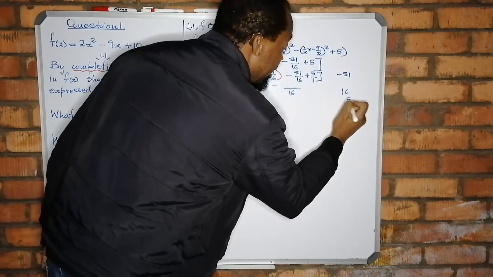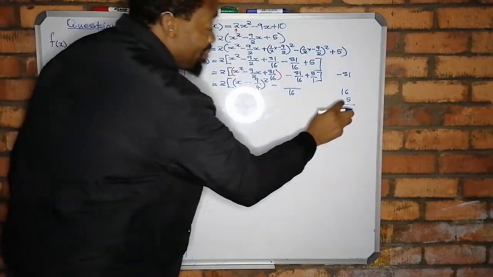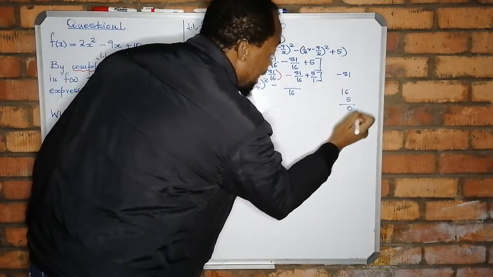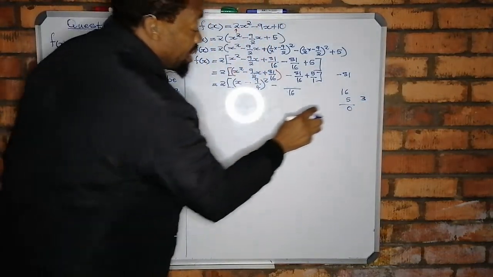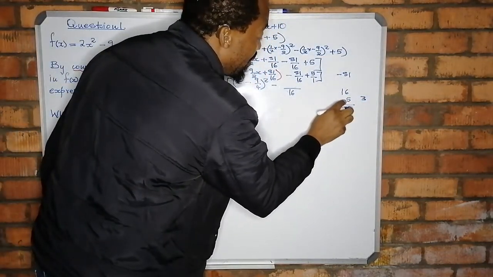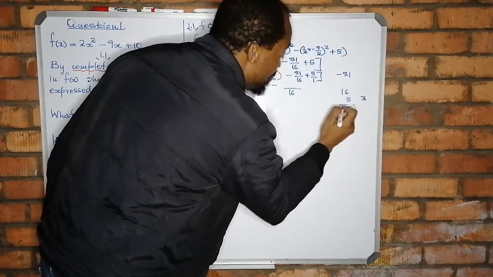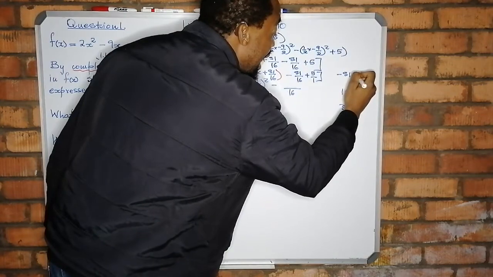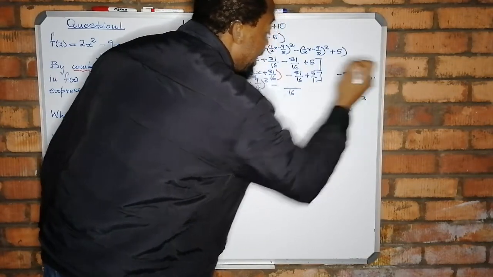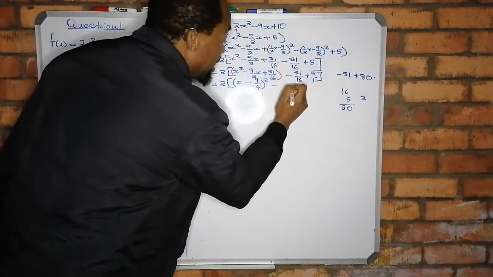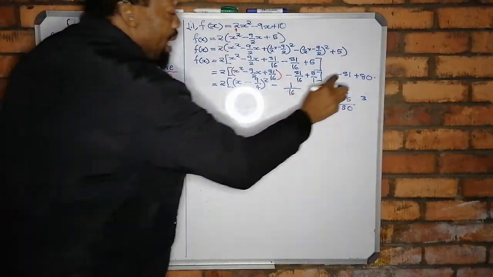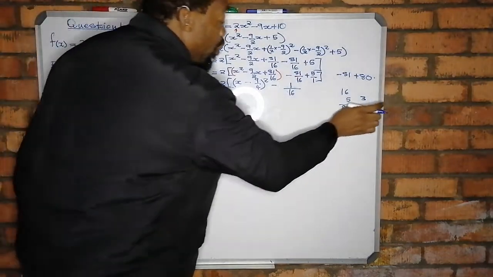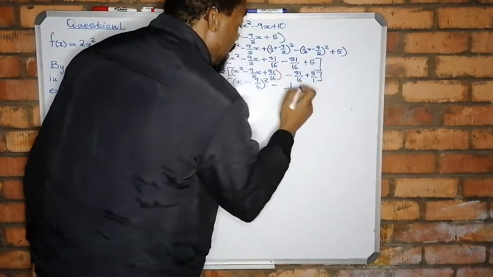Let's do it there. 16 multiplied by 5. 6 fives gives us 30. Let's put a 3 there. Then 5 ones are 5 plus that. It's an 80. Remember, we still have that 81 there. It's a plus 80. Then this is going to give us minus 81 plus 80, which is a negative 1. Let's remove that. Beautiful.